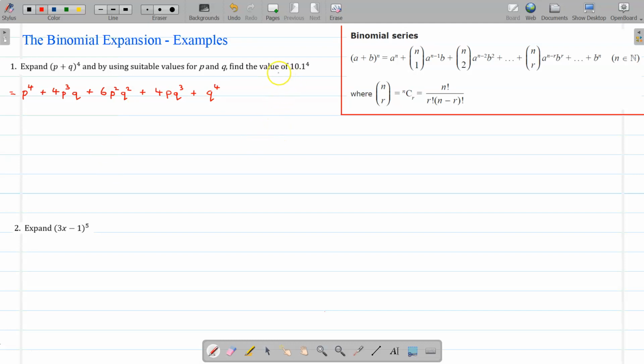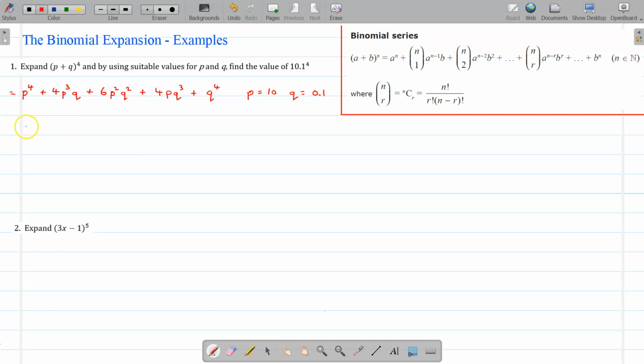Now the suitable values of p and q that would help us work this out are 10 and 0.1, because both of those figures you can raise to high powers in your head without using a calculator. 0.1 squared, 0.1 cubed, 0.1 to the 4, all of those can be done easily mentally.